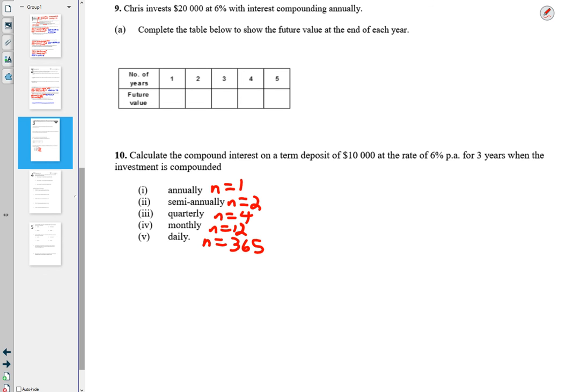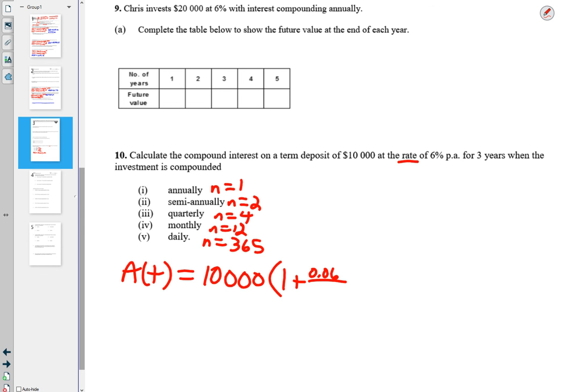Now, what all of these have in common is that the amount after some time would equal 10,000 times 1 plus 6%. I don't know why they put PA. They say rate, so I don't even know what PA stands for, but the interest rate is 6%, so 0.06.